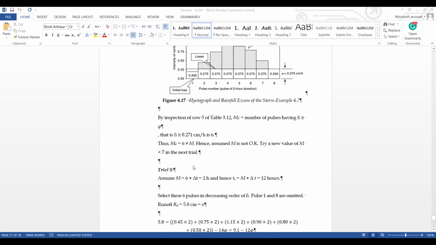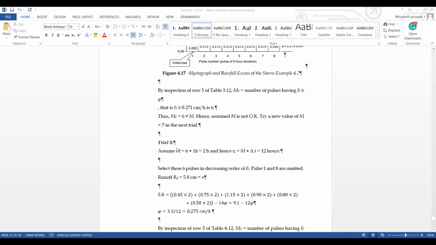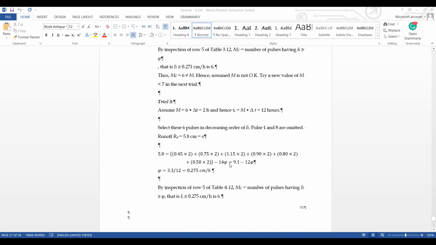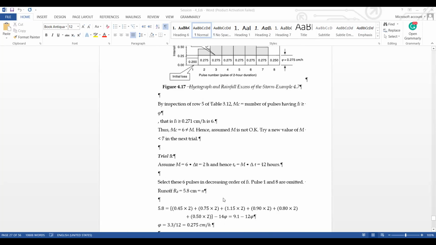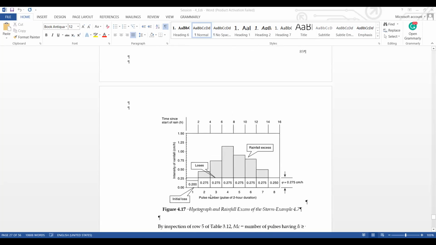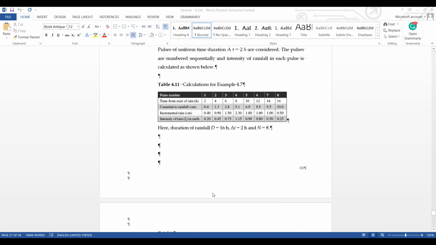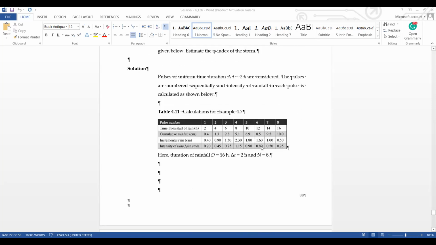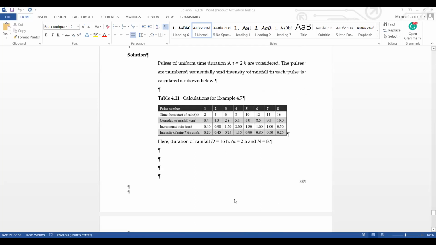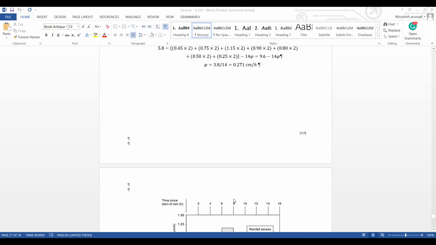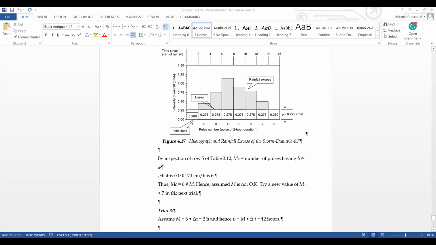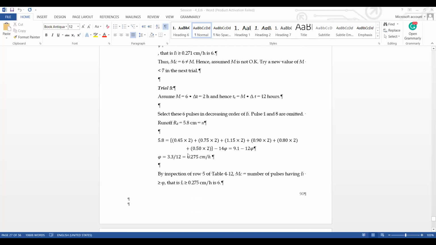So you go for trial 3. You assume the number of pulses which are greater than the phi value to be 6. You do the calculation and get the phi value. By inspecting the table here, you can find there are 6 pulses which are greater than this calculated phi value, 0.275.